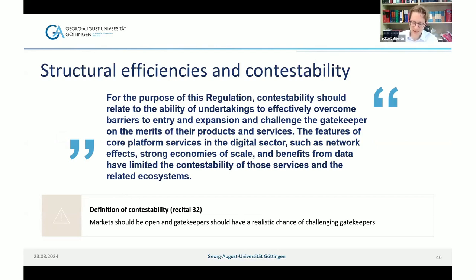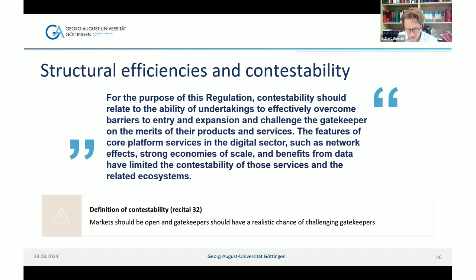We have a definition of contestability in recital 32, saying that for the purpose of this regulation, contestability should relate to the ability of undertakings to effectively overcome barriers to entry and expansion and challenge the gatekeeper on the merits of their products and services. The features of core platform services in the digital sector, such as network effects, strong economies of scale, and benefits from data have limited the contestability of those services and the related ecosystem.